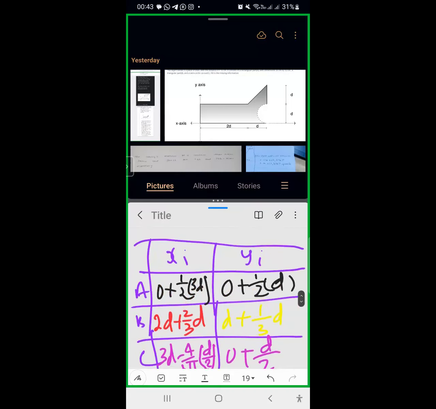And then for B, we have 2 times 10 plus 2 over 3 times 10, and that gives us 80 over 3.